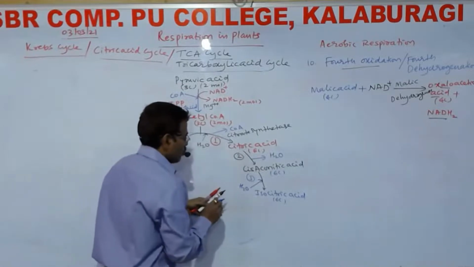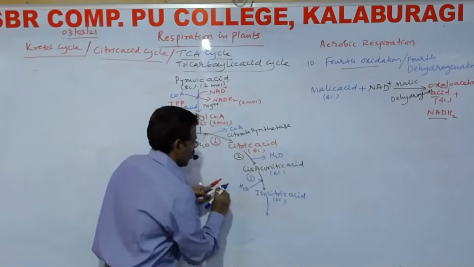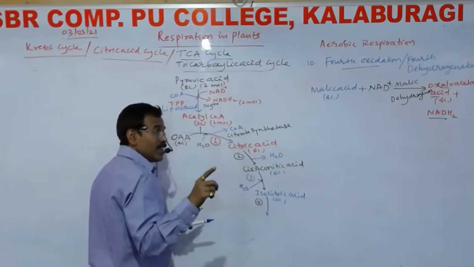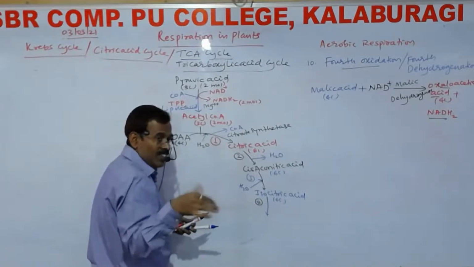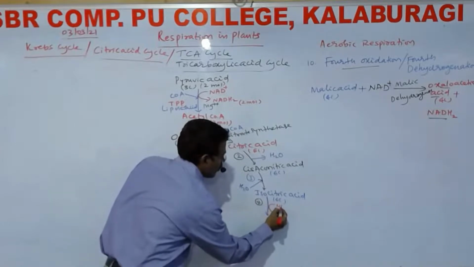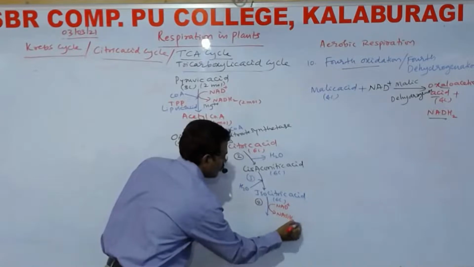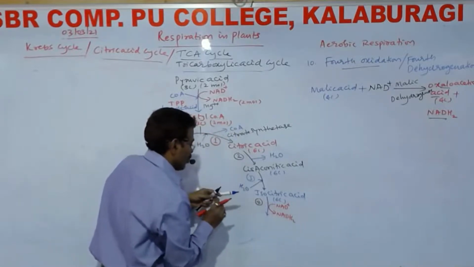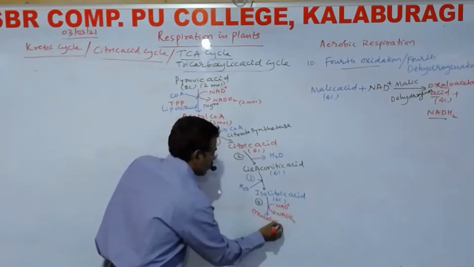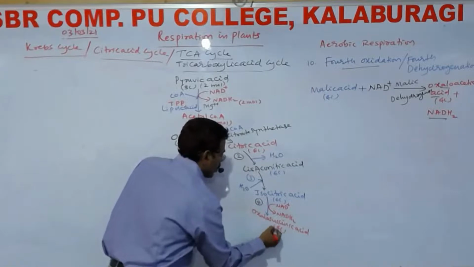Now, isocitric acid to the fourth step. Fourth step means first oxidation or first dehydrogenation. As a result, what is produced here? NADH2 is produced here. And what is the product here? Oxalosuccinic acid. It is also a 6 carbon compound.